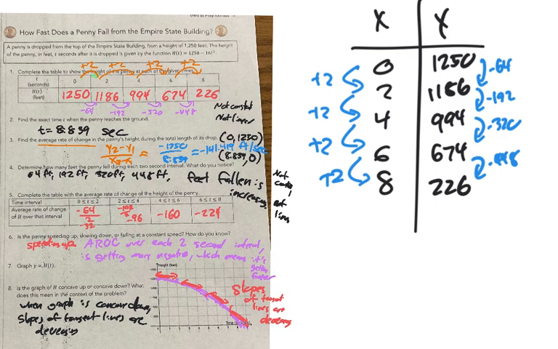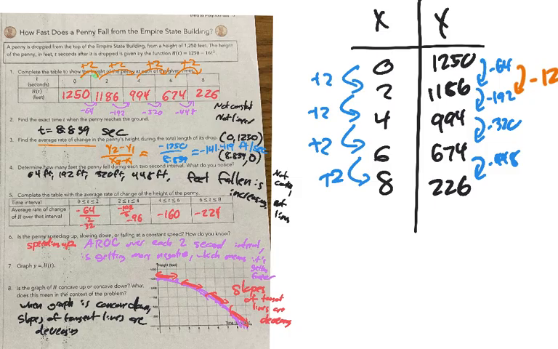What was the rate of change of the rate of change of a line? 0. What I want to do now is find the rates of change of these rates of change. So what's happening as I go from negative 64 to negative 192? Decreasing 128. Down by 128.